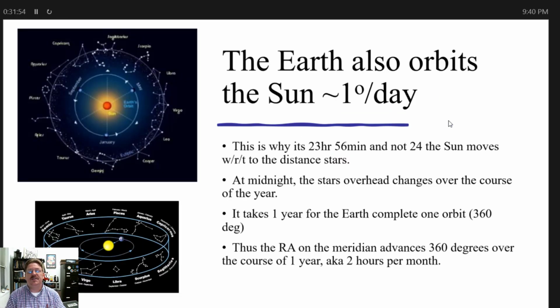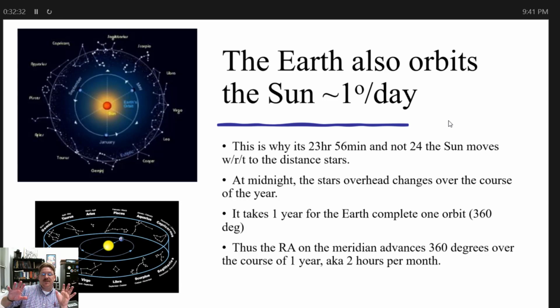The other thing that we need to keep in mind is that the Earth orbits the Sun at approximately 1 degree per day. And so when I said if you were sitting in Quito, Ecuador, you could potentially see every star on the celestial sphere if you wait long enough, because of the Earth's orbit, you can only see the stars in the part of the celestial sphere that the Sun isn't.